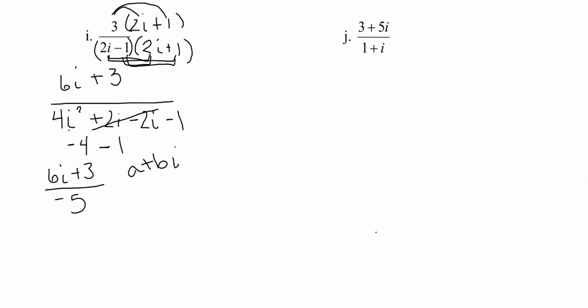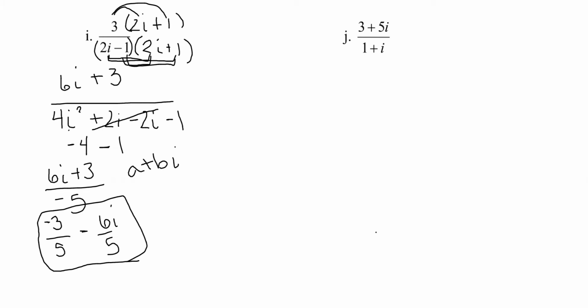So I'm going to put my answer as negative 3 over 5 plus, or actually in this case we can make it minus because it's a negative 5. So let me erase that. So minus 6i over 5. And I just distributed the negative to both numerators. So this is my final answer in a plus bi form.